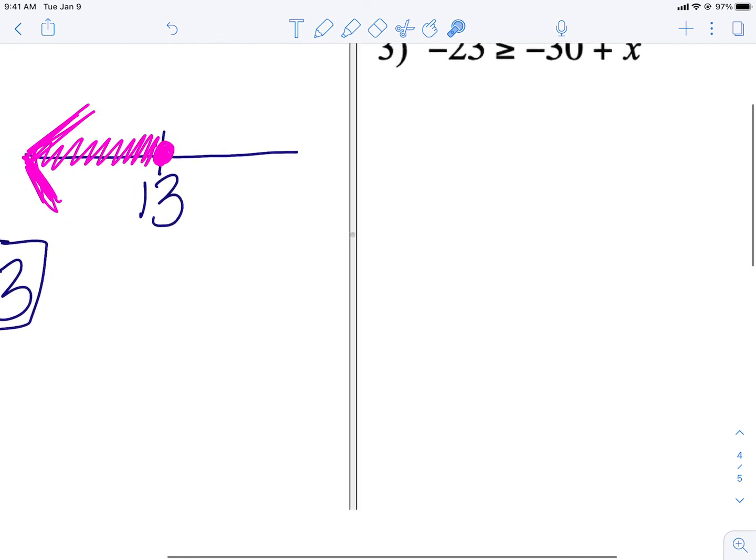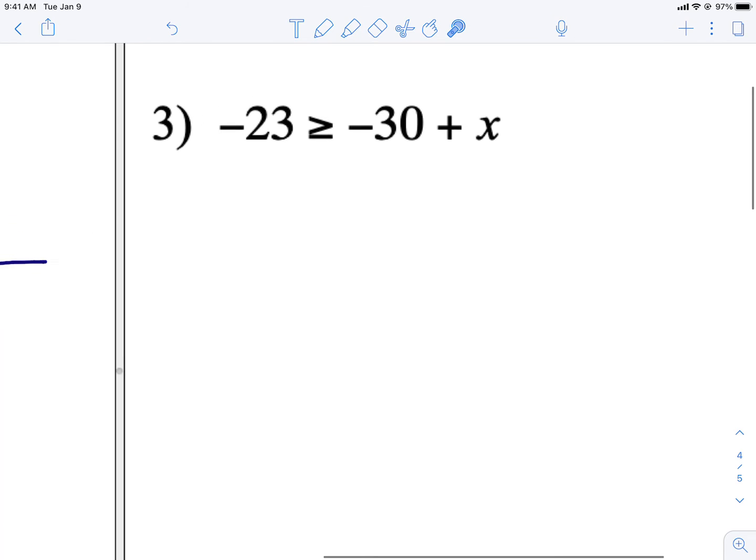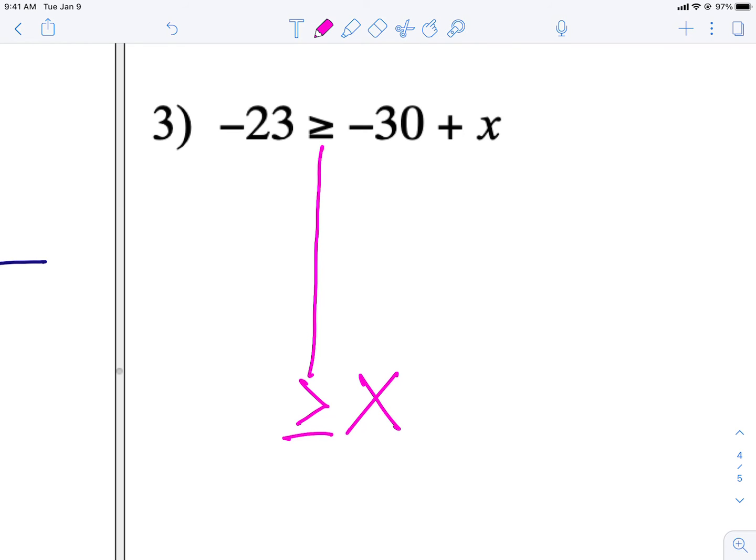All right, one more example here. Let's start off by drawing my line of separation. As always, I draw my inequality. And I'm going to get x by itself, right? X came down. That means that my negative 30 needs to go over and become a plus 30.